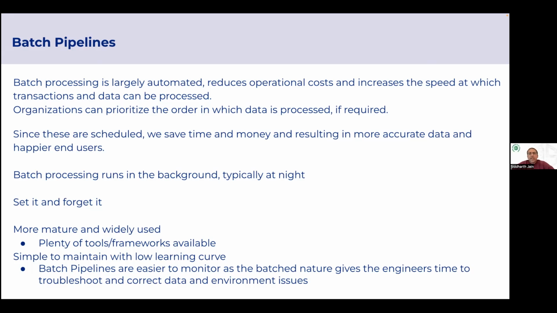You don't need to check in or adjust anything. Pretty much it just self-drives for the most part. You can also build a lot of in-depth monitoring and alerting capabilities as well, which basically ensures that your pipelines are running. If there are failures, you get alerted. And the biggest advantage of batch pipelines is that you get time to look at issues that arise and then fix those issues.